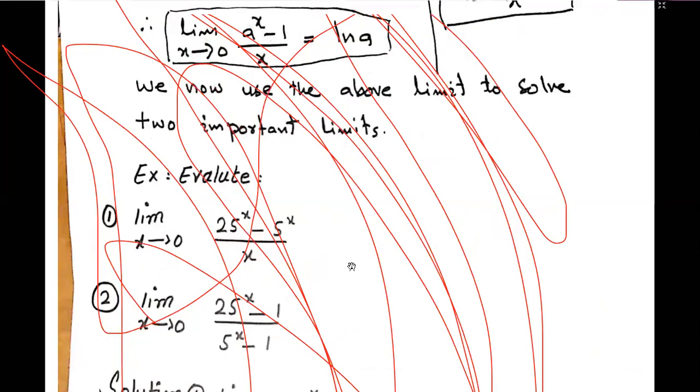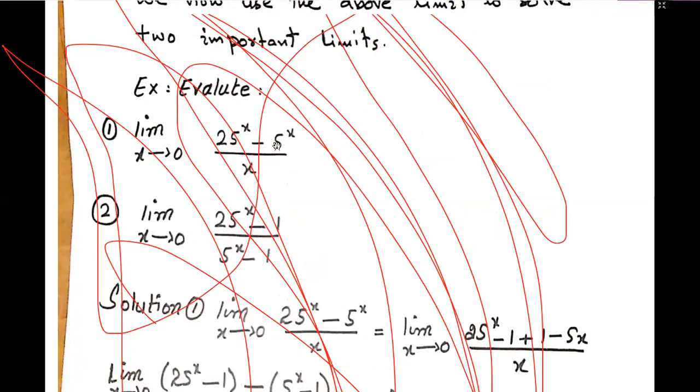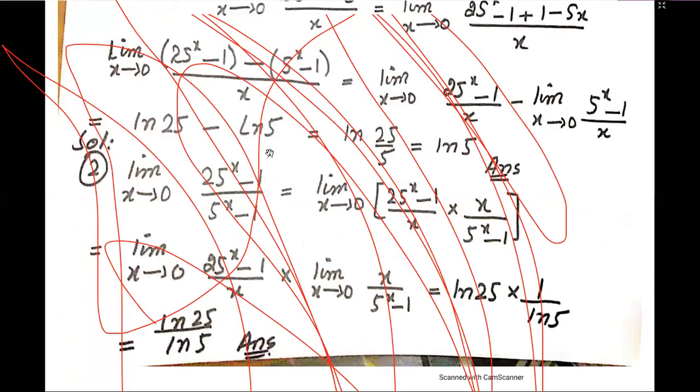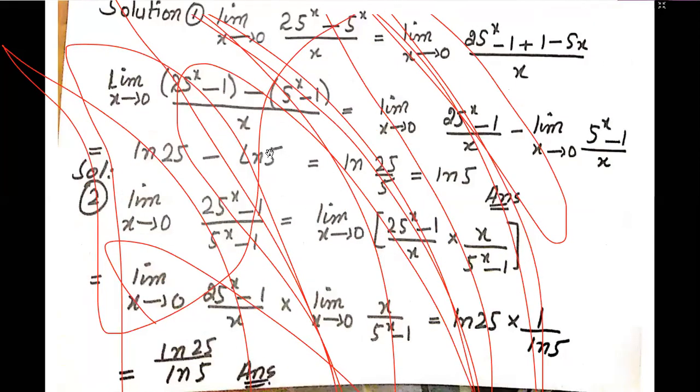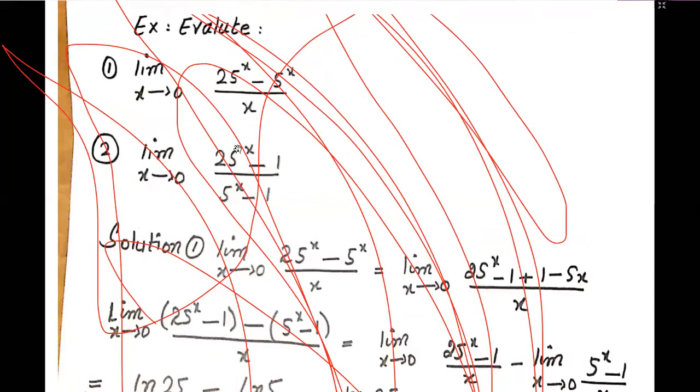Now using this limit we can solve some problems. Limit x tends to 0, (25^x minus 5^x) upon x. Now in this case we need a^x minus 1, so here we add and subtract 1.